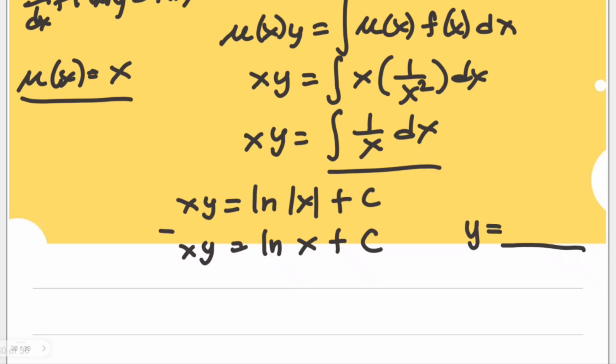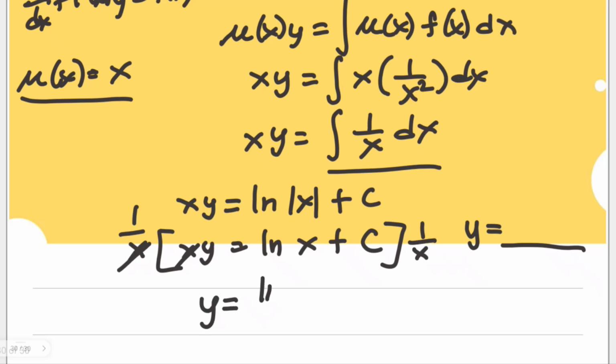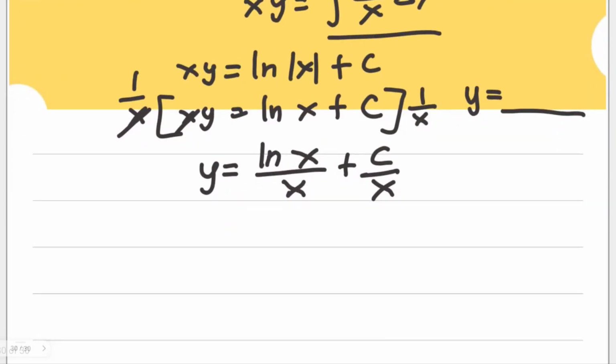So we simply need to divide both sides by x, or multiply by 1 over x to cancel this. So you will have y is equal to the natural logarithm of x all over x plus c over x.